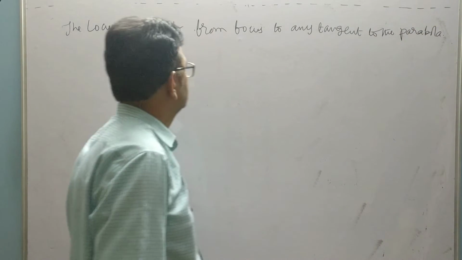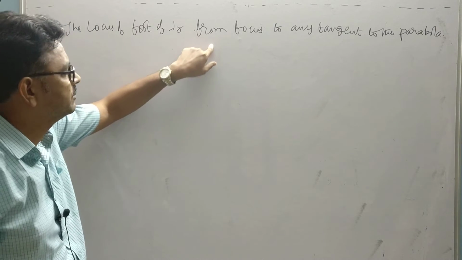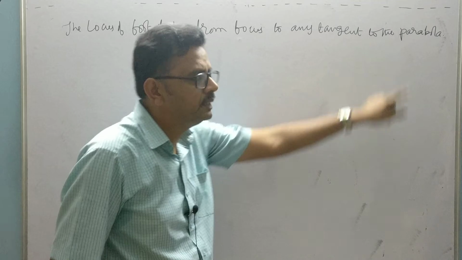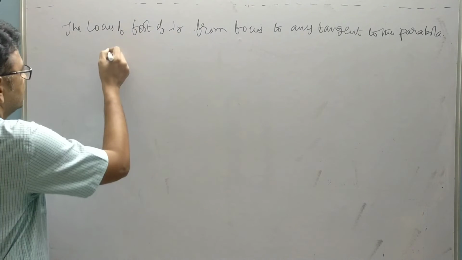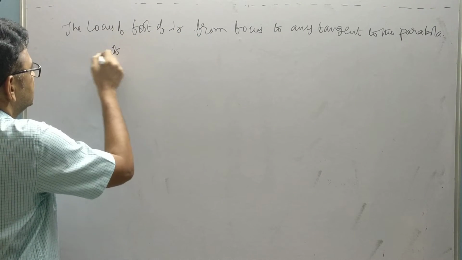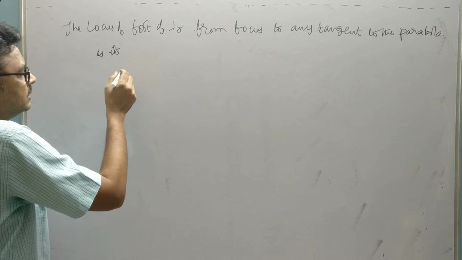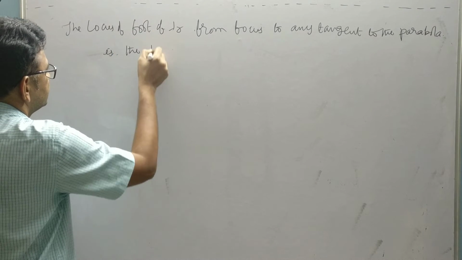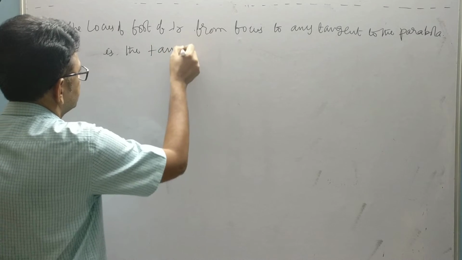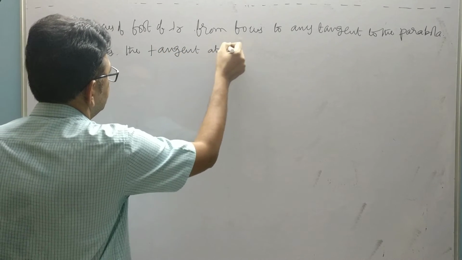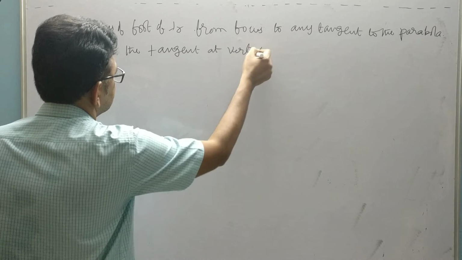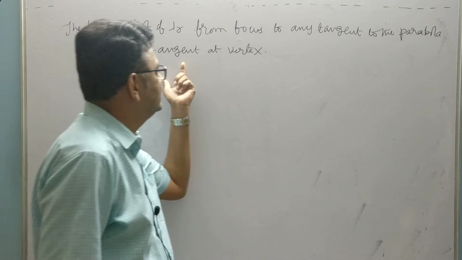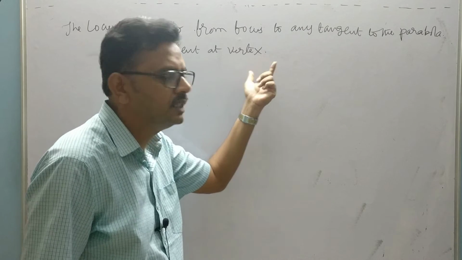The locus of foot of perpendicular from focus to any tangent to the parabola is the tangent at vertex. Tangent at vertex means nothing but the y-axis.